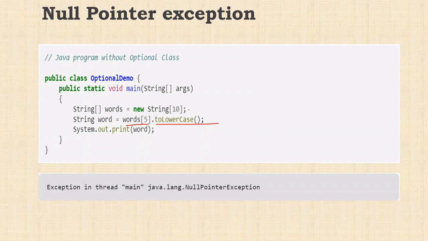Because we haven't assigned any value inside this string array, we are trying to fetch the value available at the fifth place, which is null. And if you do null.toLowerCase, we'll get a NullPointerException. The exception is java.lang.NullPointerException.